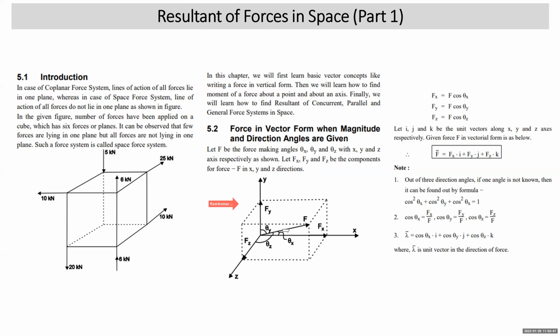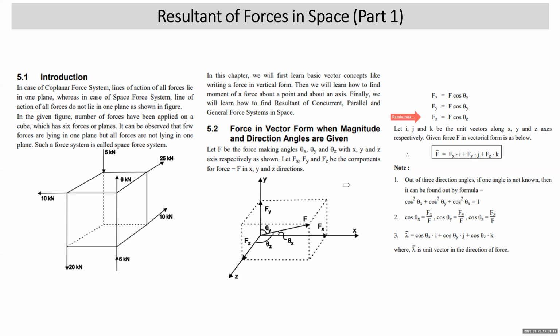You have a force F which is making angles theta x, theta y, theta z with the x, y, and z axes. We are assuming that Fx, Fy, and Fz are the three components of this force along the x, y, and z directions. If so, then Fx will be equal to F cos theta x, Fy will be F cos theta y, and Fz will be F cos theta z.